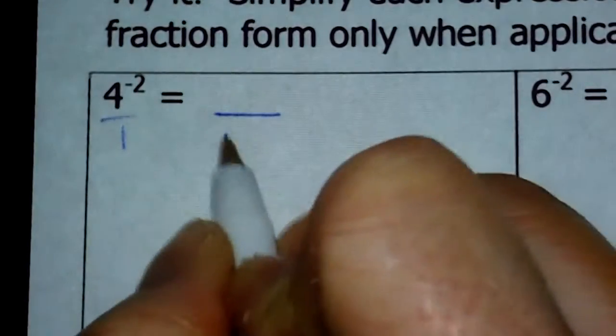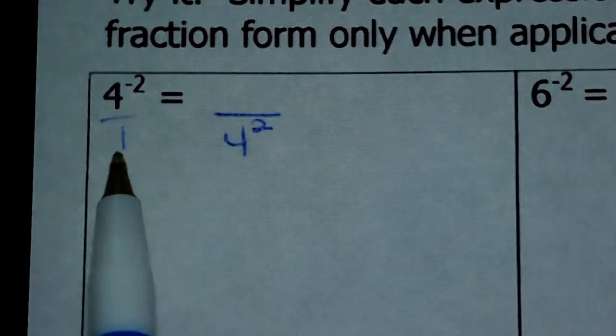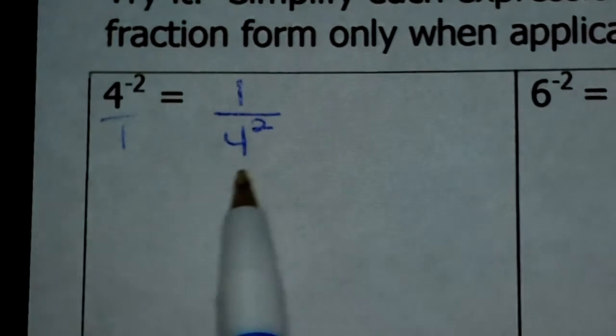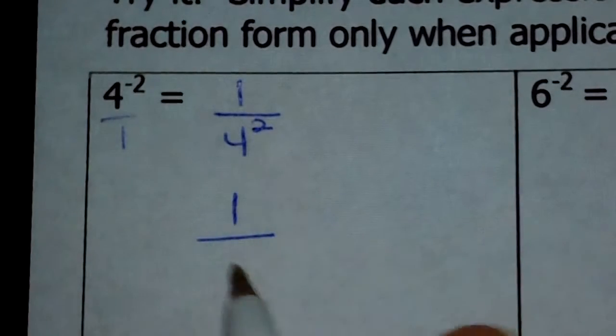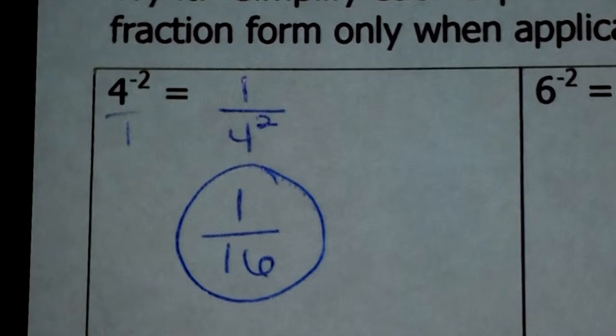So the 4 is now being raised to a positive 2 because it's in the bottom. And when there's nothing left, there's really a 1. And right here, we can go ahead and evaluate this because we do know what 4 squared is. 4 squared is 16. So 4 to the negative second power is the same as 1/16. I don't want the decimal version. I want the fractional version.